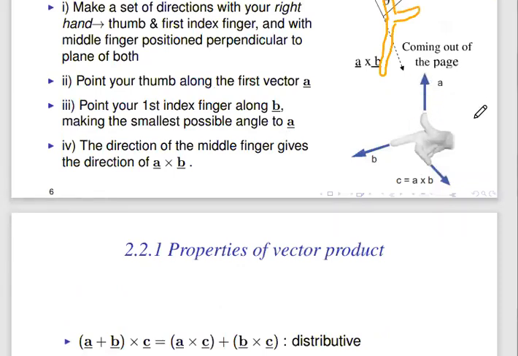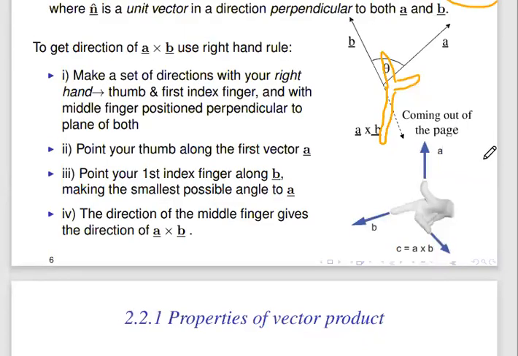What is the direction of this one? You get the opposite direction, right? The other way around, B cross A. Use your right hand.